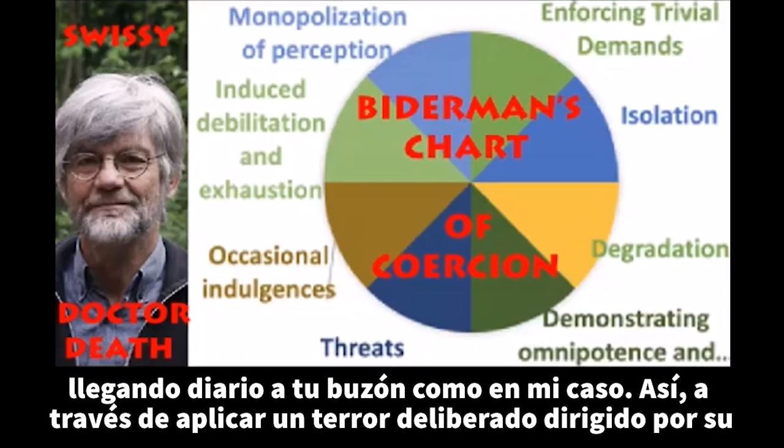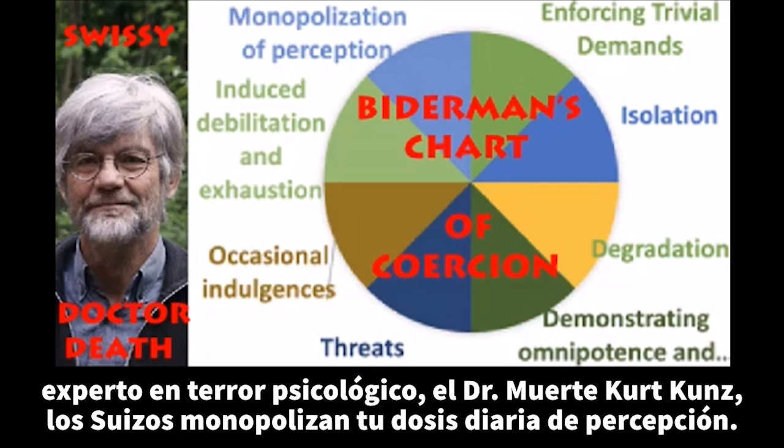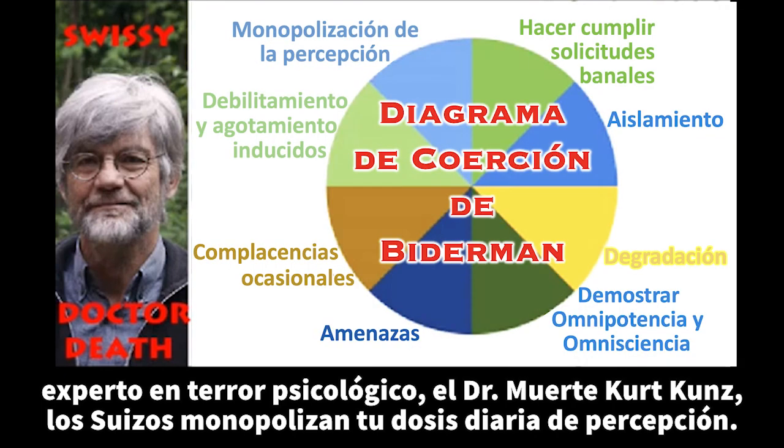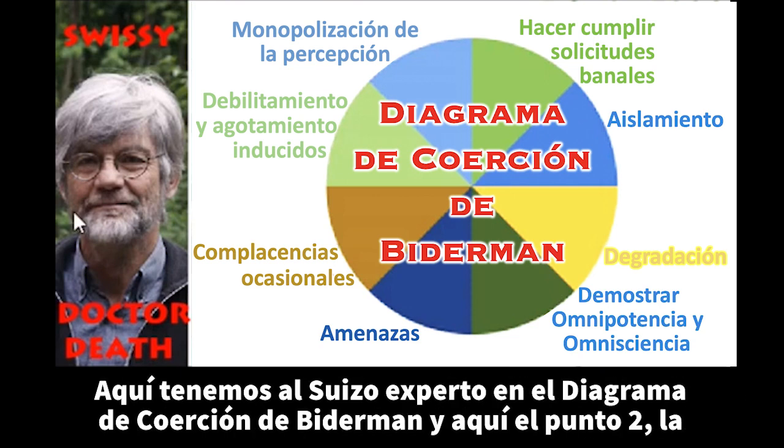Thus, through plain deliberate terror, led by their psychological terror expert, Dr. Death Kurt Kunz, the Swissies monopolize your daily intake of perception. So here he is, the Swissie, the expert on the Biderman chart of coercion.